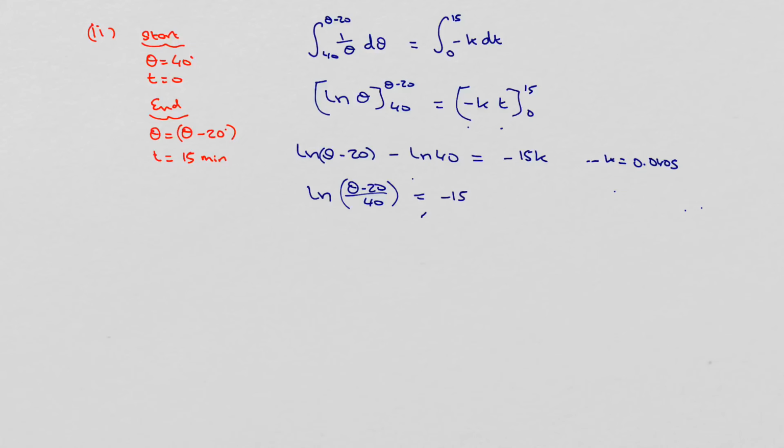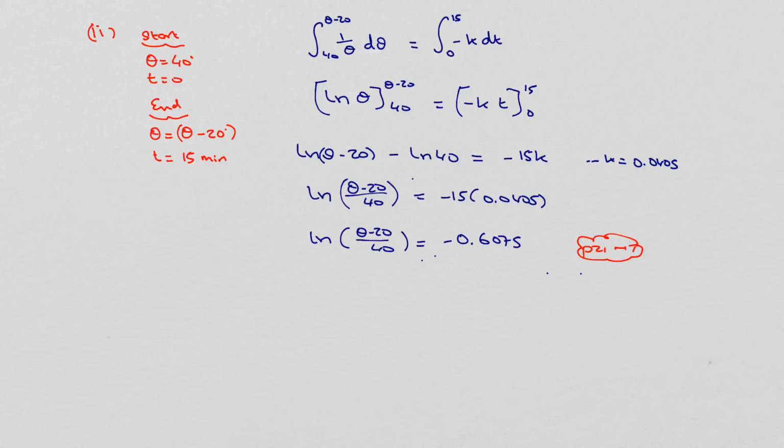And that's minus 15 times 0.0405. And now if I simplify that, well, what do I have? I have natural log of theta minus 20 over 40 is equal to minus 0.6075.